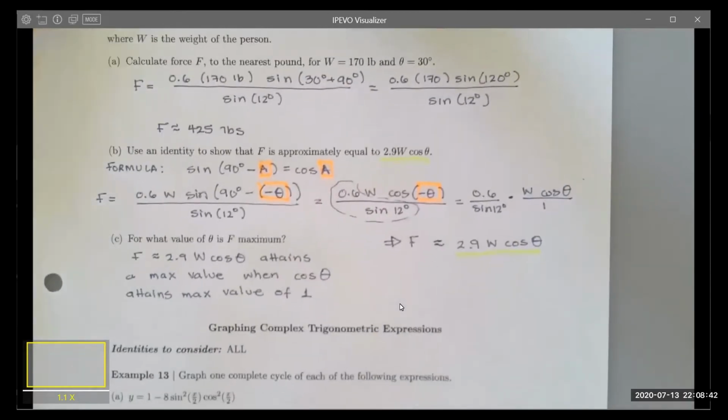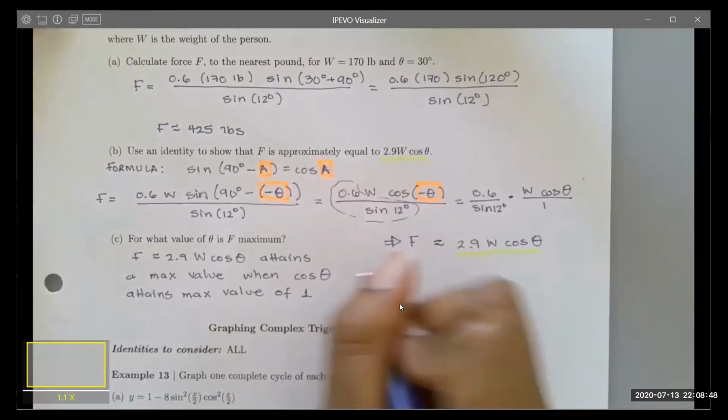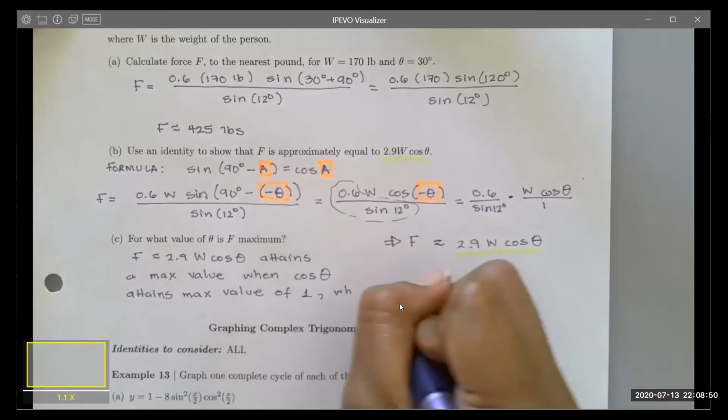Now, when does that happen? Well, cosine at 0 degrees is 1. So that happens when theta is 0 degrees.